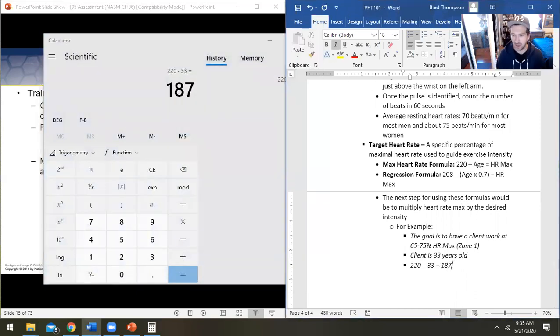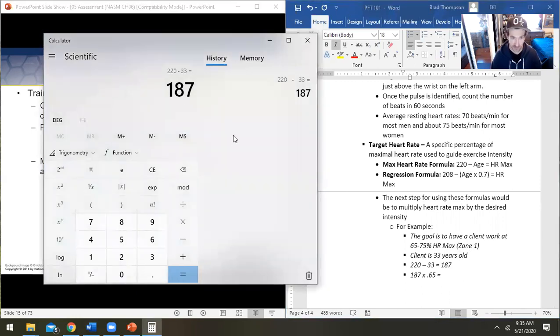Then we would take 187 times 0.65, which gives us 121.55.